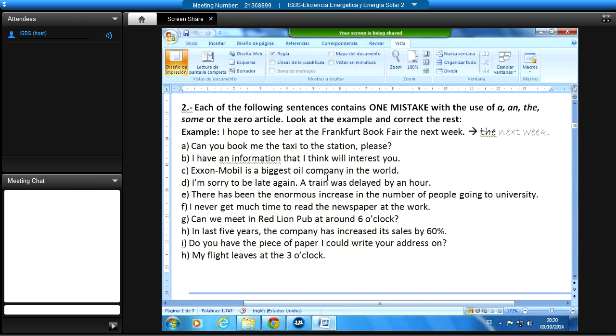Now we are going to look at this one, the articles. So I'm going to give you some minutes because you need to read a little bit. So in each of these sentences, there is one mistake related to the use of articles. Do you know what the articles are in English? A and the, okay?